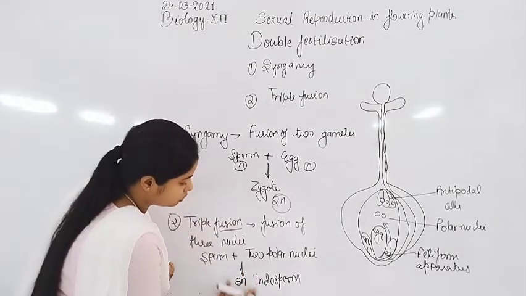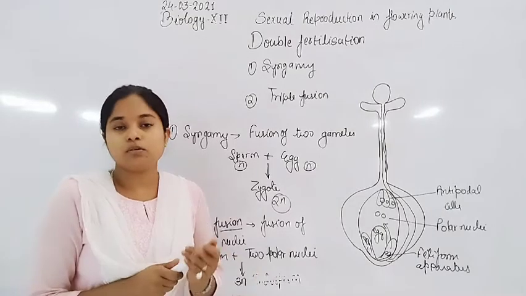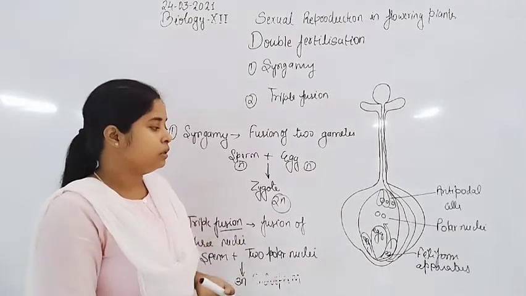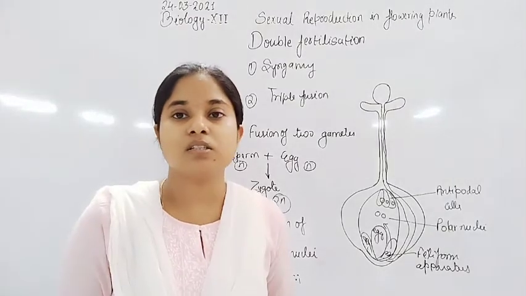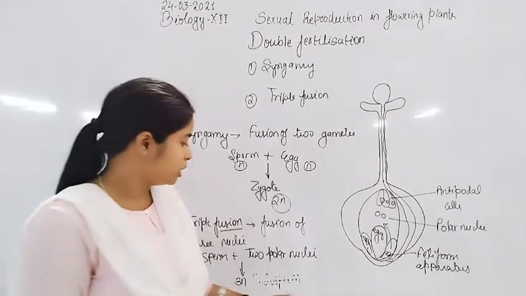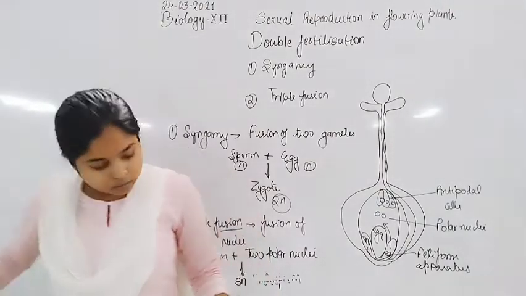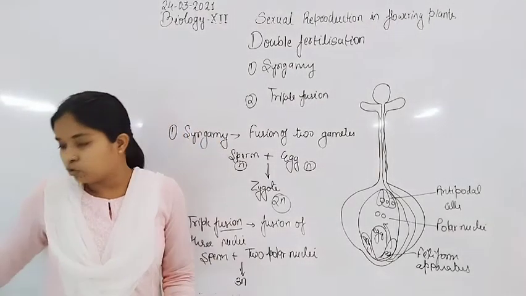Later the primary endosperm cell undergoes multiple karyokinesis divisions. After the multiple karyokinesis divisions, there is formation of millions of nuclei in some plants, as in coconut.